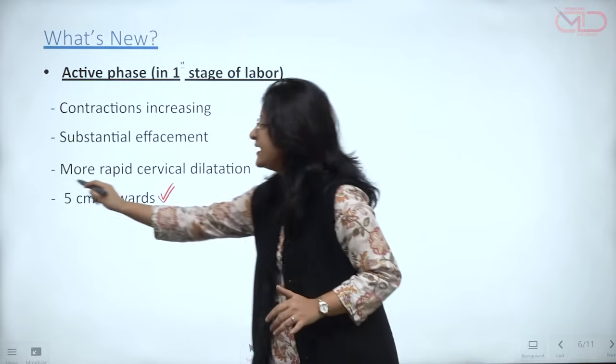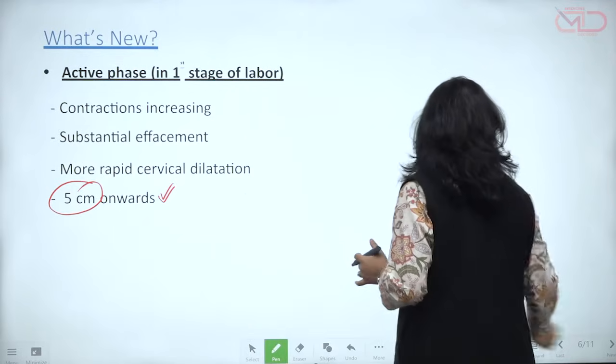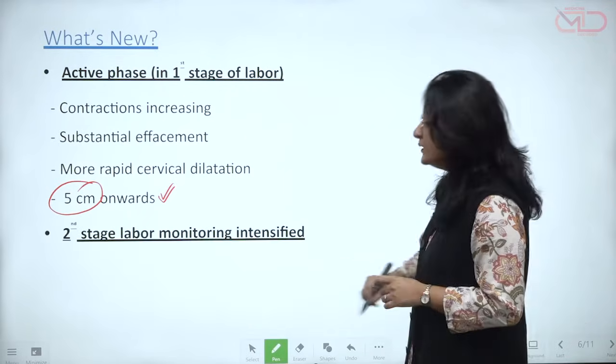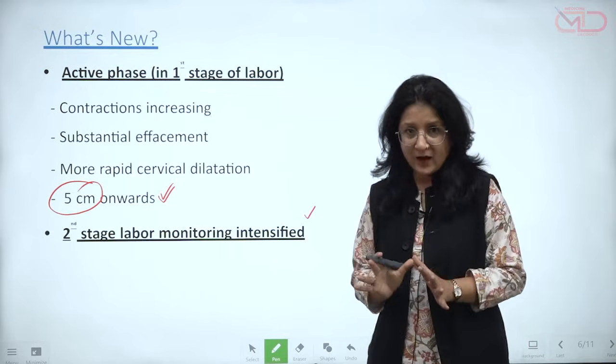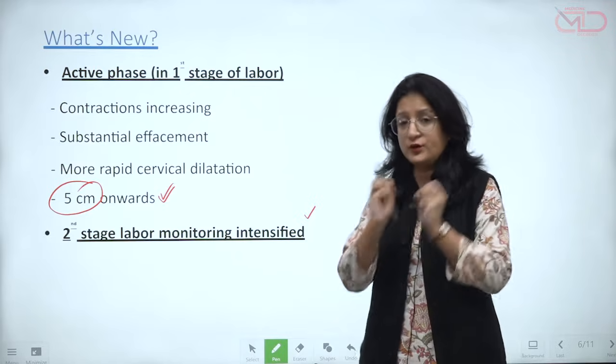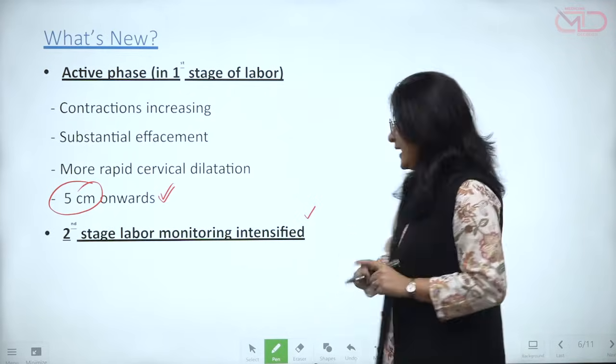So this is what is new, a threshold of 5 centimeter cervical dilatation as the active phase threshold. Then second stage labor monitoring is also intensified now. So we have areas where we are going to monitor and document the progress in the second stage of labor as well.